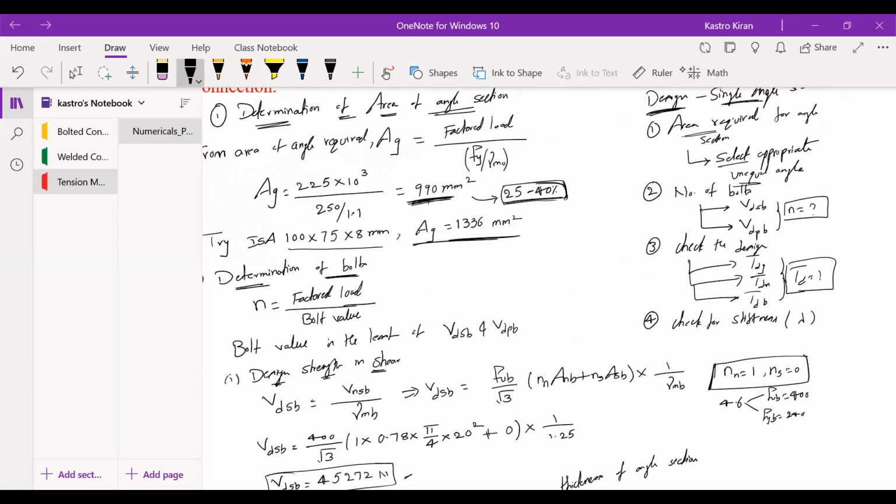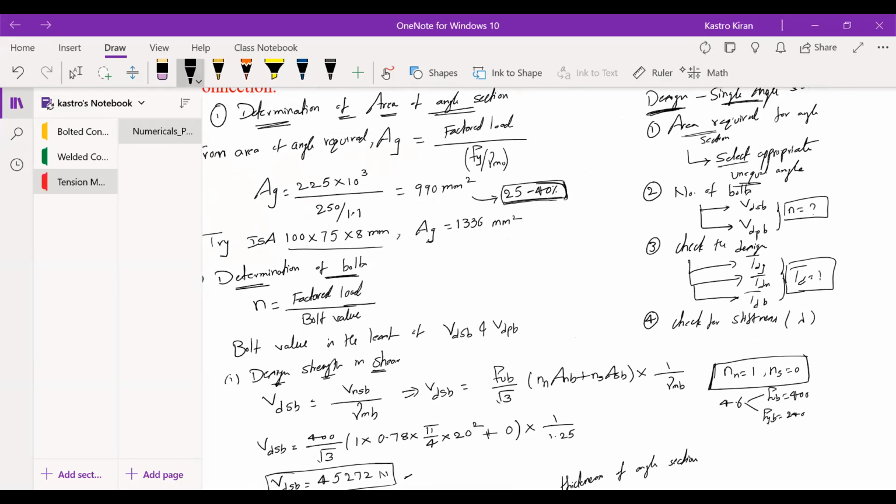Remember, you have to take the area of the angle section which you have selected, not the 990 mm square which you have obtained. You are providing ISA 175 by 8, so take the area of this angle section only.